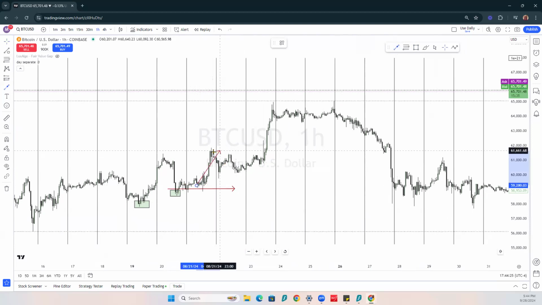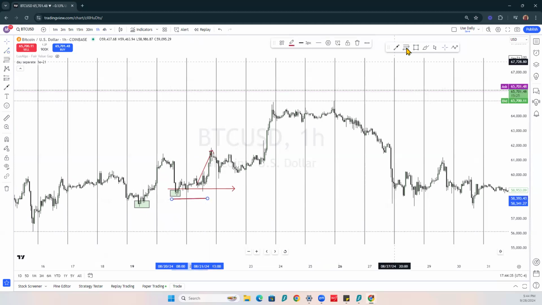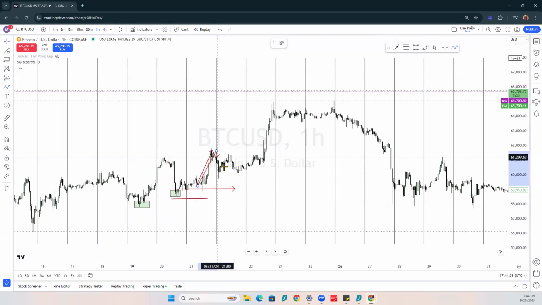And then we capture all these pips right here. Again, if you put your stop loss below the area, which is right here, it would have never hit your stop loss if you had entered right here and rolled all this, because you know the market's trending higher, right?